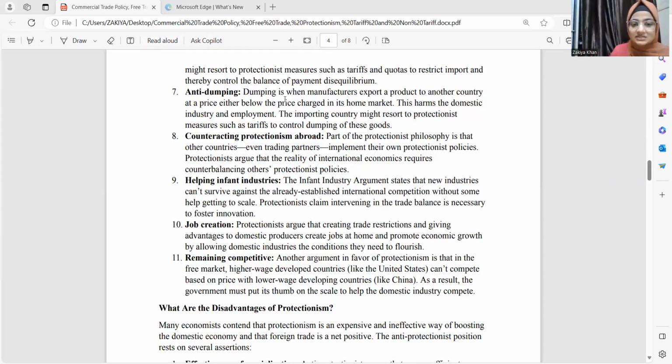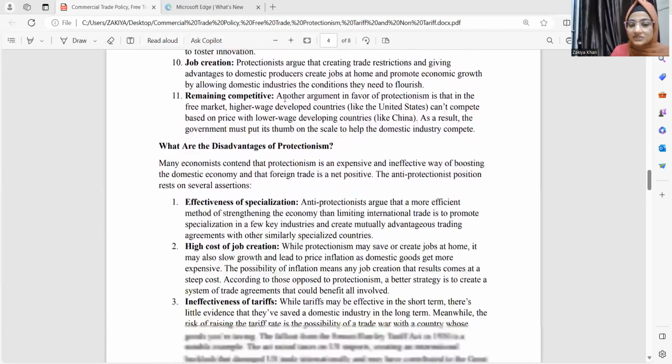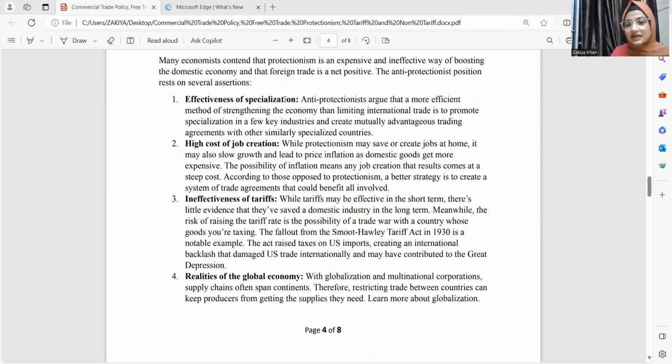All right. So these were some advantages of protectionism. Disadvantages will be that you will not have exposure. You will not have competitiveness. The effectiveness or the specialization goes away. There is high cost for job creation. Ineffectiveness of the tariffs: at times, there is risk in these tariffs.